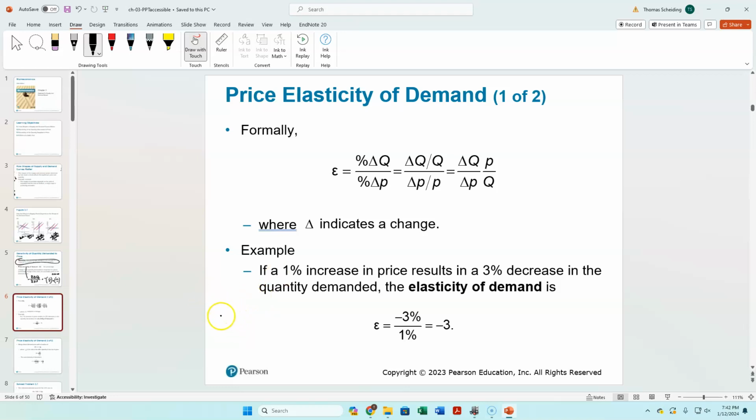So in this case, the price elasticity of demand is equal to the percentage change in the quantity demanded over the percentage change in the price, which in this case is -3 over +1, which is equal to -3.